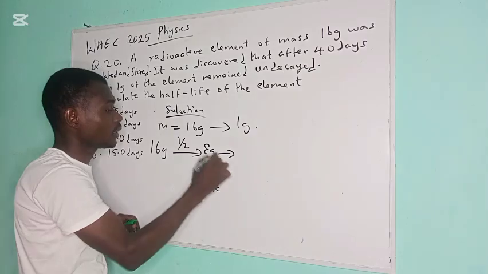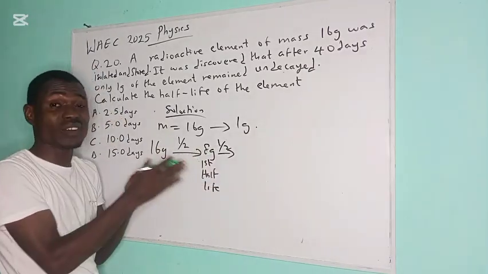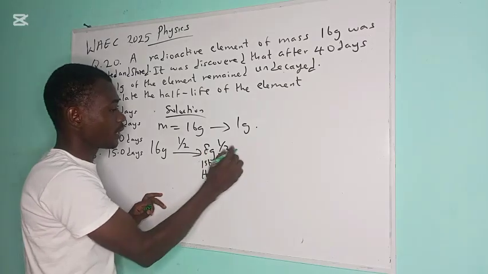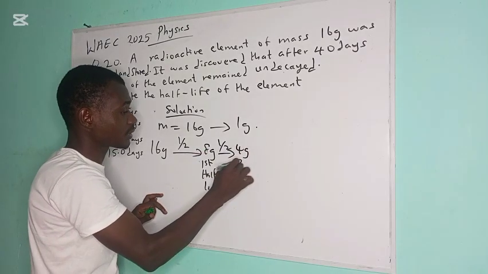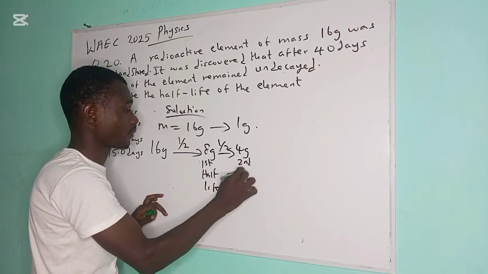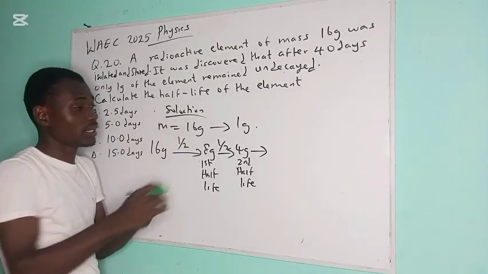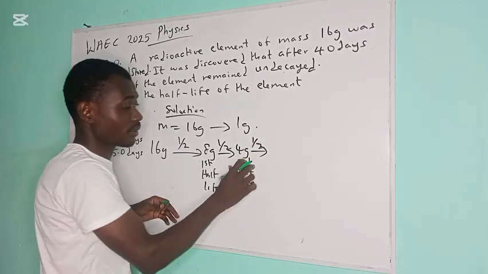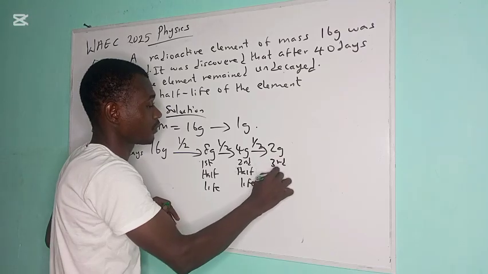Another half-life will take place because it is still unstable. Half of 8 will be 4 grams, that is the second half-life. The next one is half again, that will be 2 grams, the third half-life.